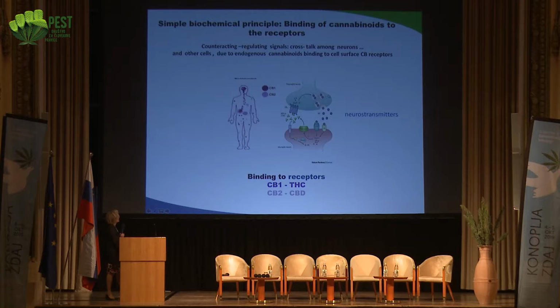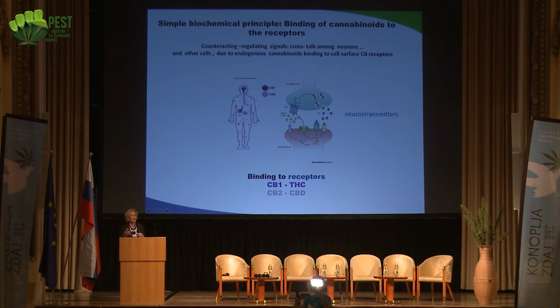Neurons in particular communicate via synapses, and one cell secretes neurotransmitters, the other one is accepting the neurotransmitter by binding on the cell surface receptors. They go into the cell, and this causes some electrochemical signals, which triggers the production and secretion of endocannabinoids. So this is the way cells talk to each other.